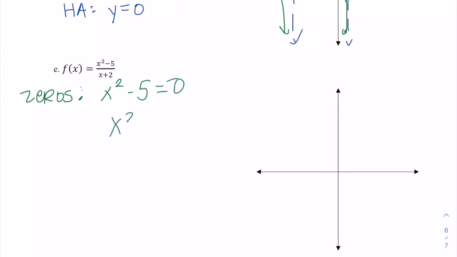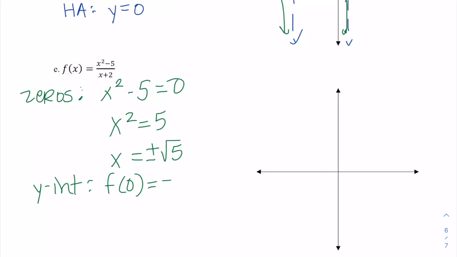So we have x squared equals 5. So we'll have plus or minus root 5. To find the y-intercept, we're going to plug in 0 for x, and that's going to be negative 5 over 2. We can see right away we have a vertical asymptote at x equals negative 2.